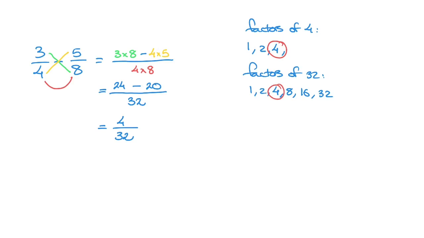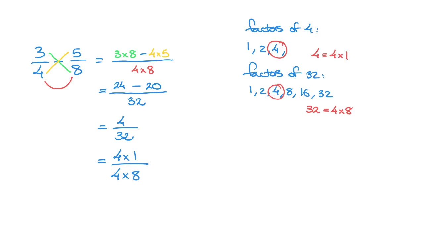And indeed, we can write 4 equals 4 times 1. And we can also write 32 equals 4 times 8. So we can go ahead and simplify this fraction and write that this equals 4 times 1 over 4 times 8.